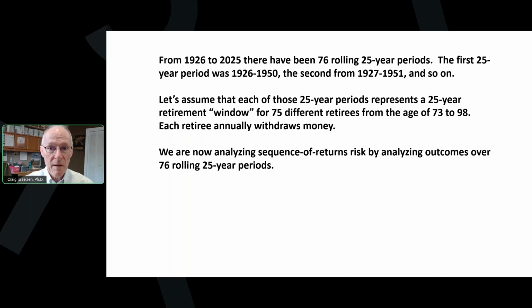Most of us will expire, our mortal life will expire sometime in that window between age 70 and age 95. I know that we all know somebody who's 103. I get that, but in the main, this 25-year window captures quite adequately our experience as a retiree. And if you're still not convinced, think of it this way.